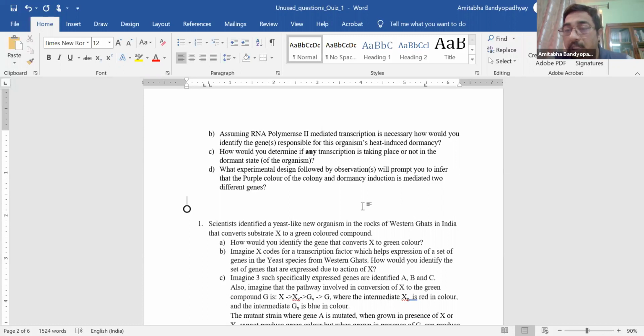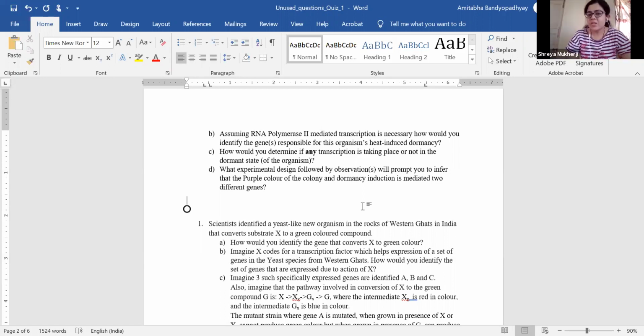Radioactive ATP or CTP cannot be taken up by the cell, because for phosphate we have transporters. For ATP, CTP, the cell surface does not have transporters. So if in the end you get radio-labeled RNA, that must mean that after the heat shock, RNA has been formed, irrespective of whether protein is also forming or not.